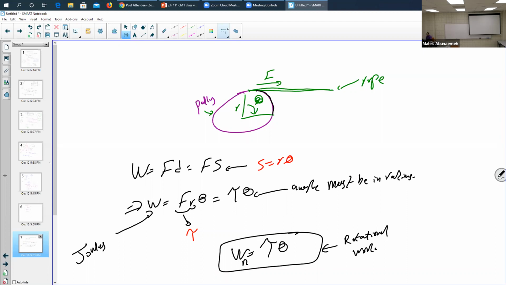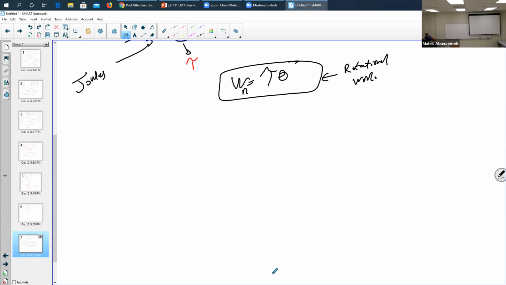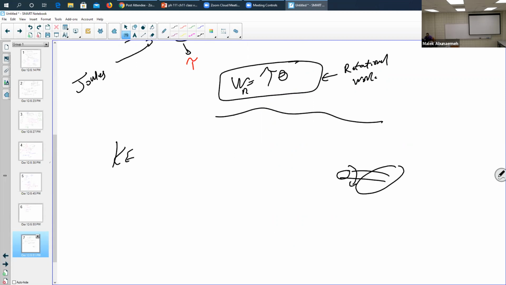Now, when you actually do work, let's say you have a lever arm, and you're actually turning it in this way. So you're going to have kinetic energy. So your kinetic energy, in this case, is 1/2 mv squared. In precise, it is the tangential velocity, right?